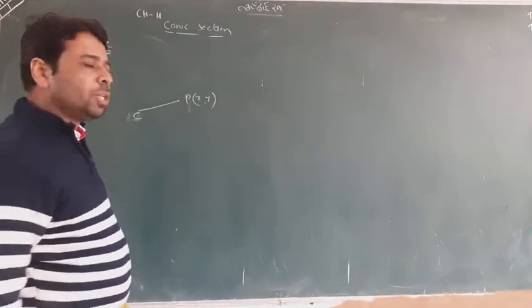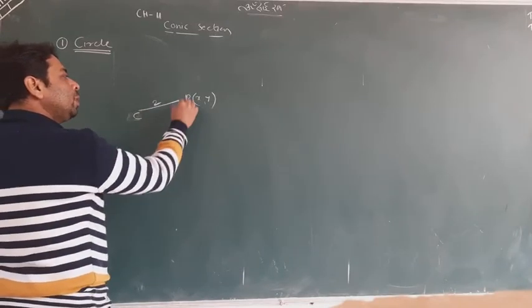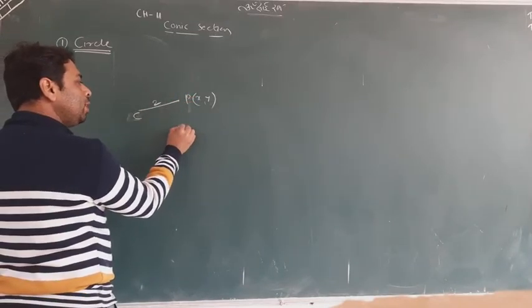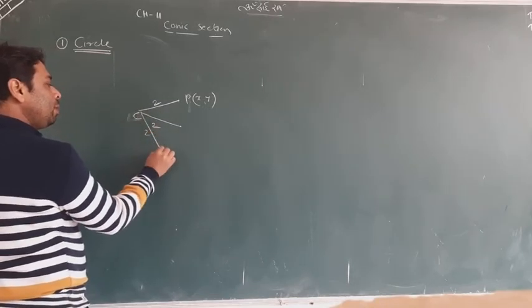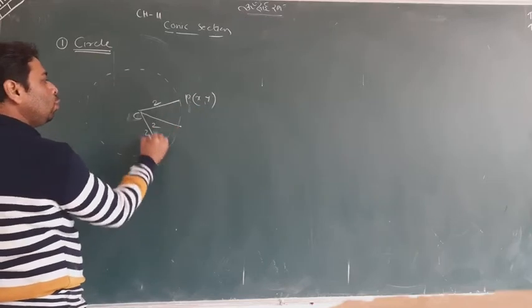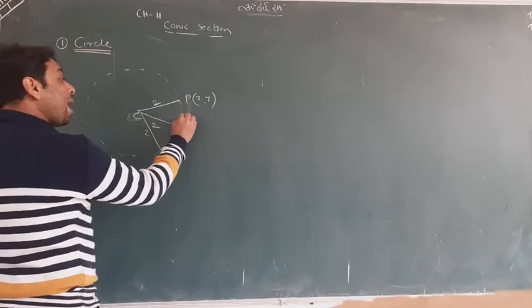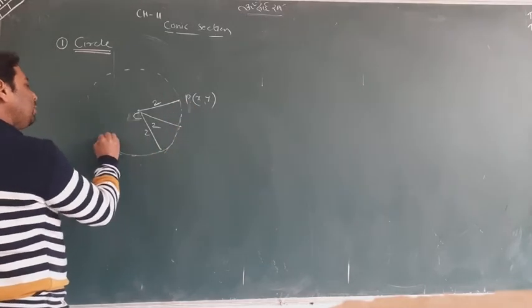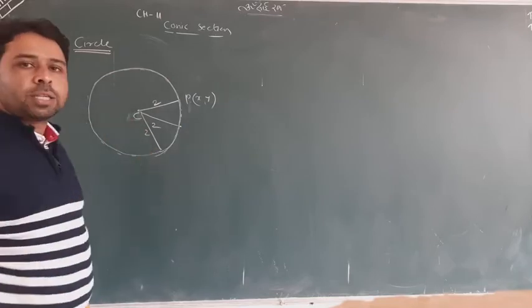If the distance is, suppose, 2 units, then wherever P goes, it will maintain the distance 2 from the center. When you trace out the path of P, you will have none other than a circle.